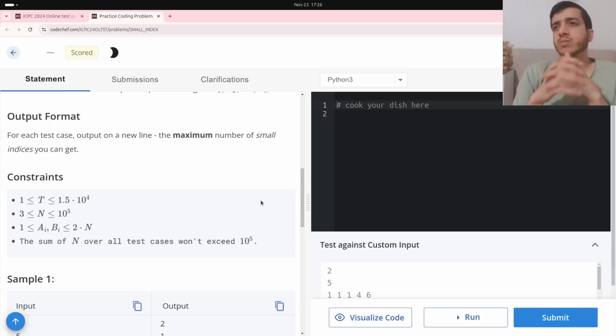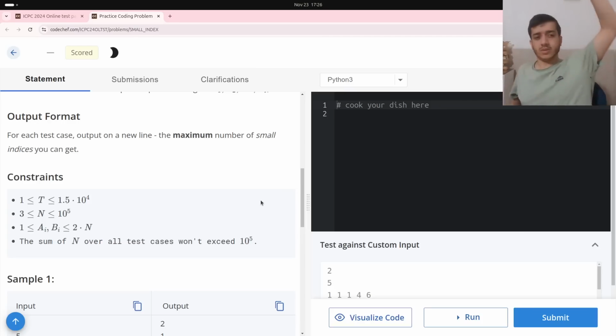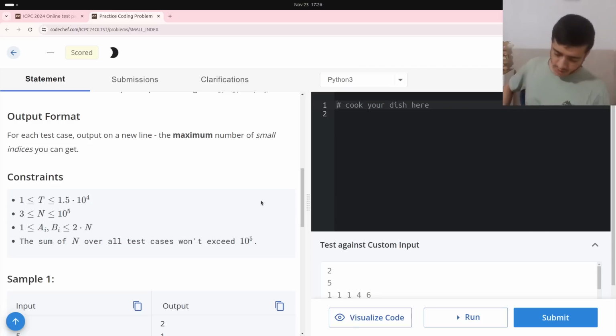Oh, this is an interesting fact here. Consider that an index is not a small index. It means that it's at least two, right?